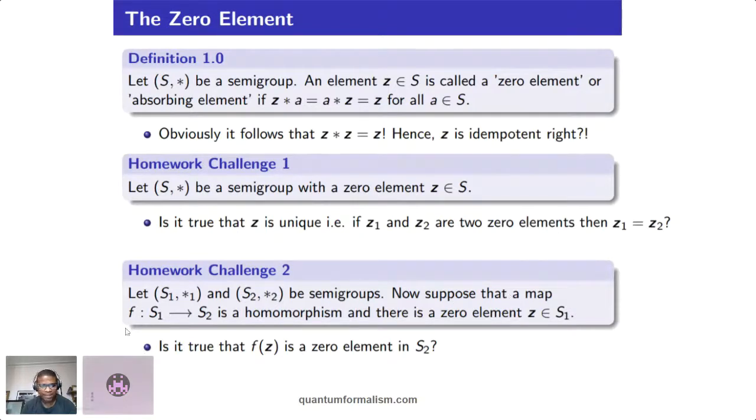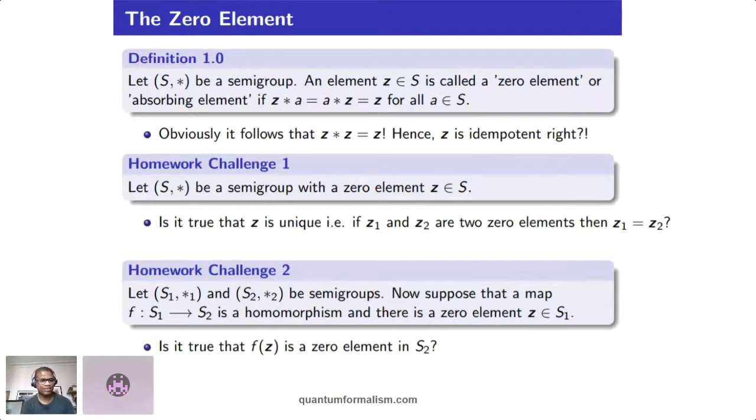Suppose that a map from S1 to S2 is a homomorphism, and the first semigroup S1 has a zero element. The question is whether the image of such a zero element is a zero element in the second semigroup. Okay, so that's the second challenge.